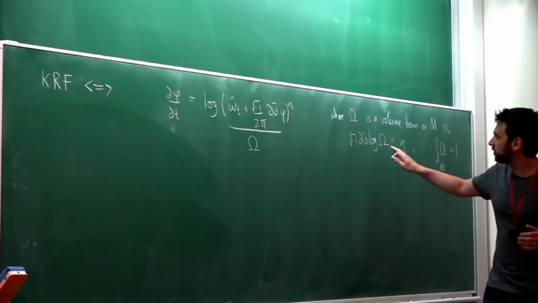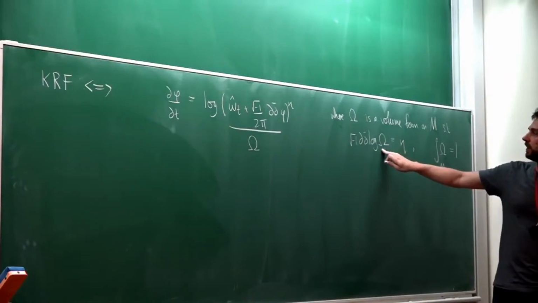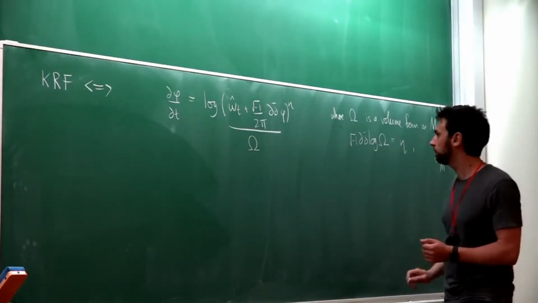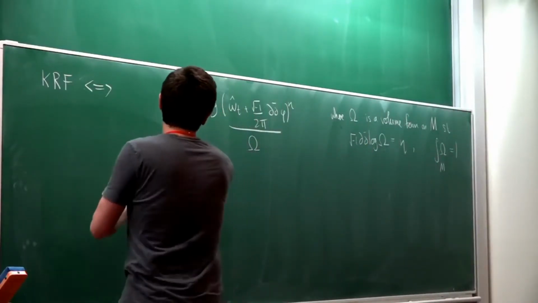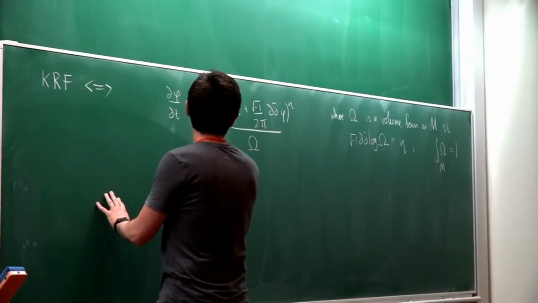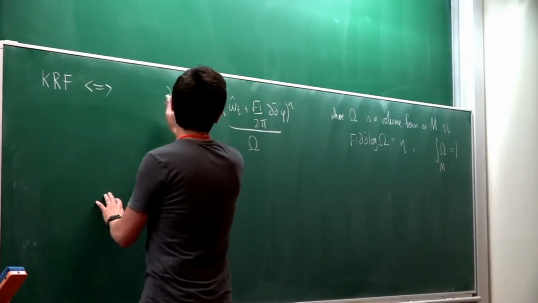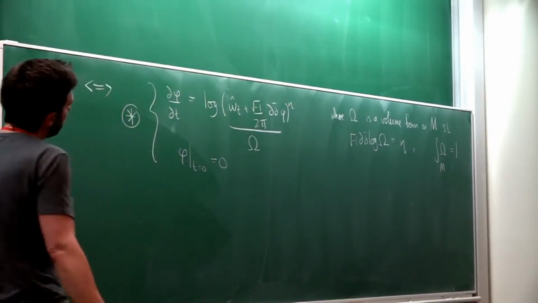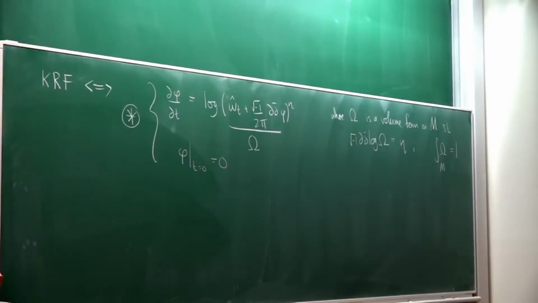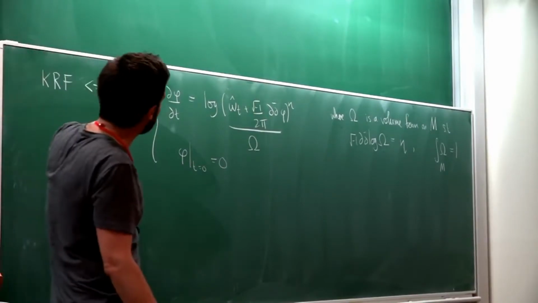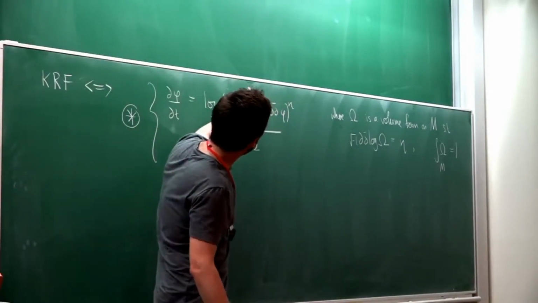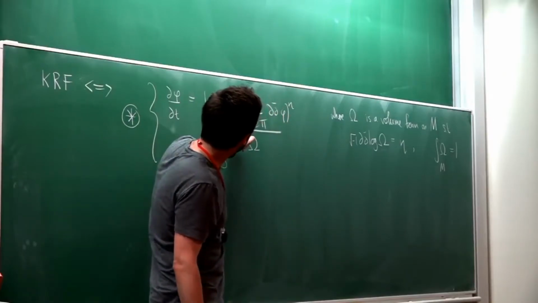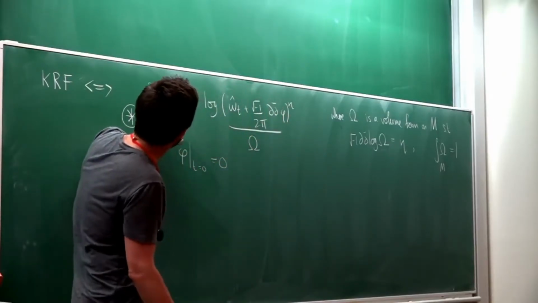So just by the dd bar lemma, I can always find an omega satisfying this. And phi at time 0 is just equal to 0. Let's call this star. So now I claim that the Kähler-Ricci flow is equivalent to that. I'm calling this a complex Monge-Ampère equation because this is like the Monge-Ampère operator, but it's parabolic. I have a d dt.